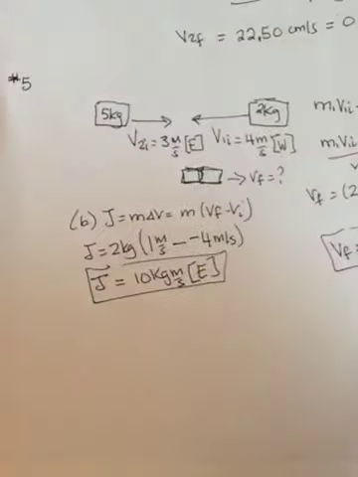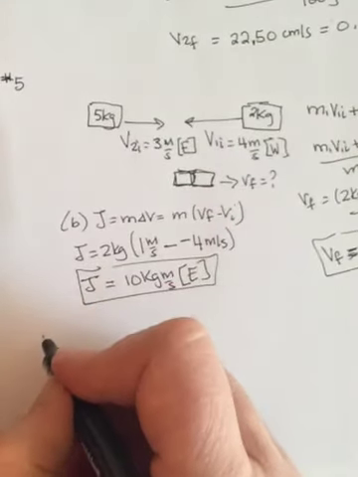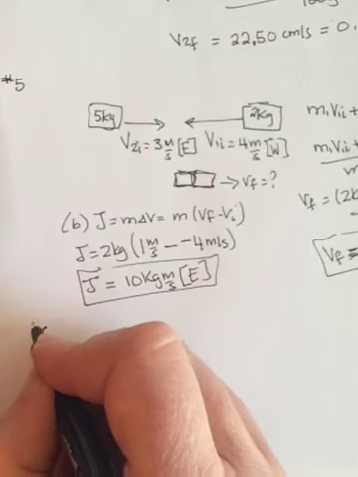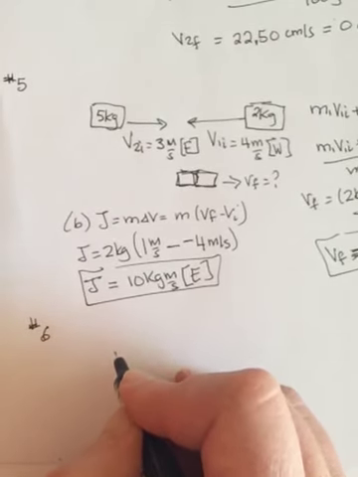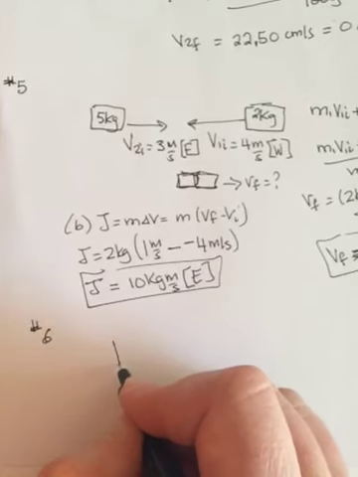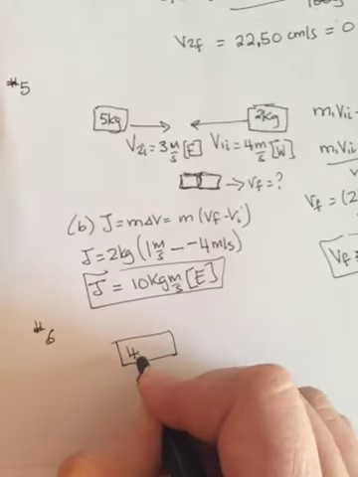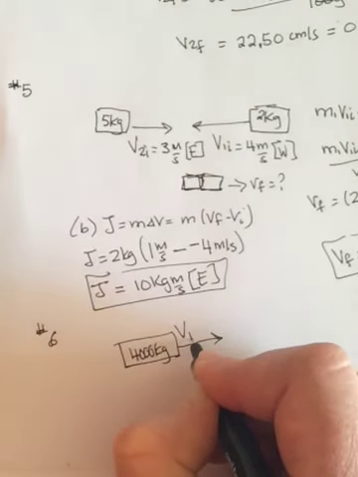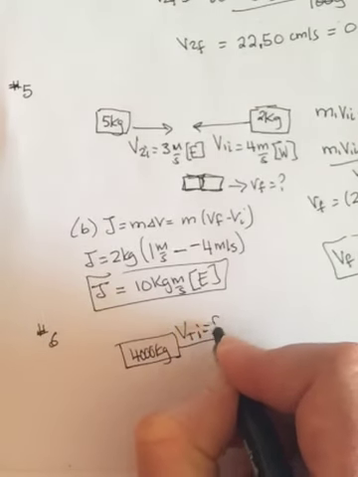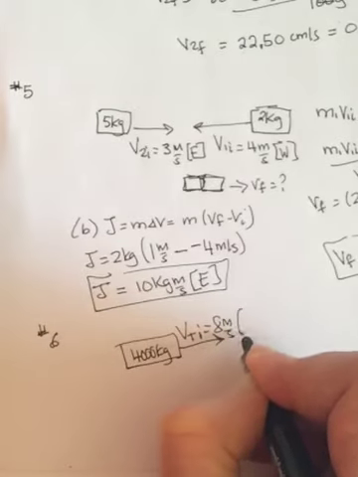Number 6 says, a 4,000 kilogram truck traveling east 8 meters per second. So 4,000 kilograms. And V truck initial is 8 meters per second east.